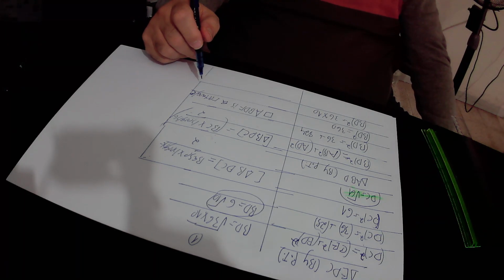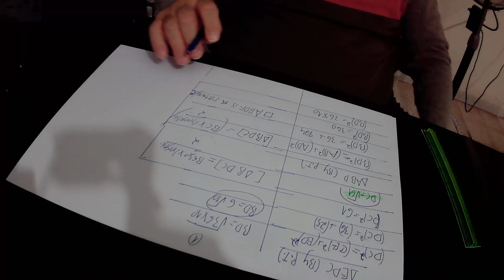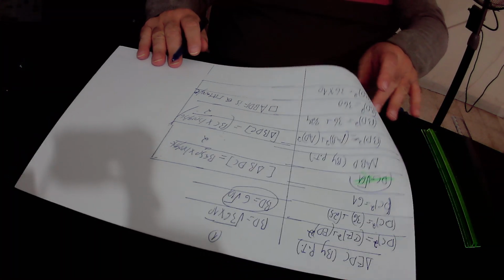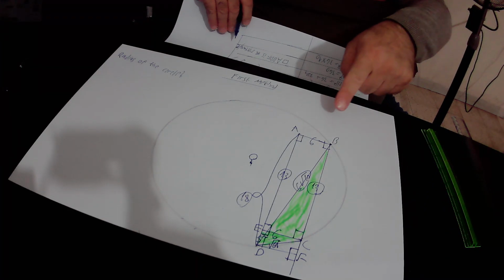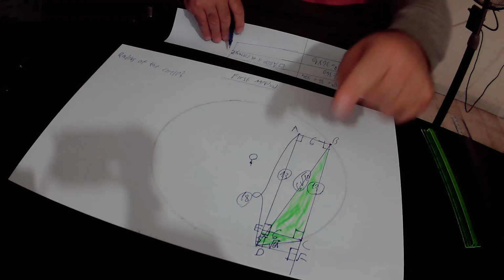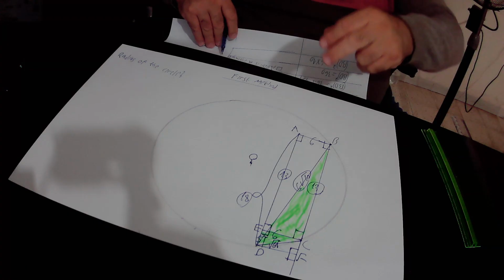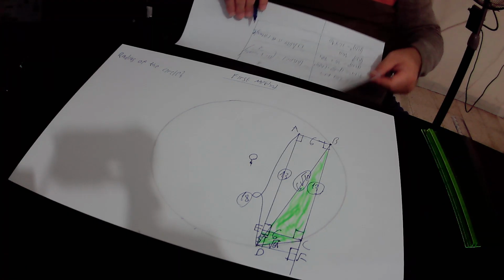But we also know that the opposite sides of a rectangle are equal to each other. So here, side AB equals side DF in rectangle ABDF. AB equals DF.